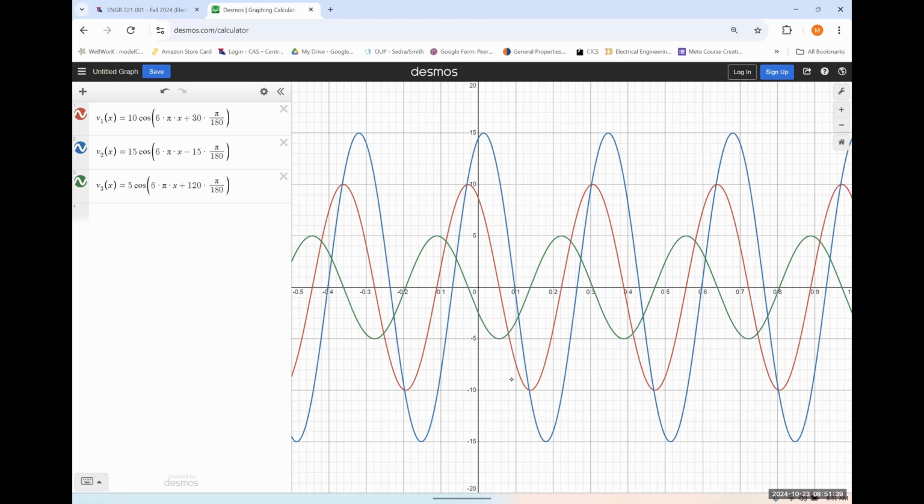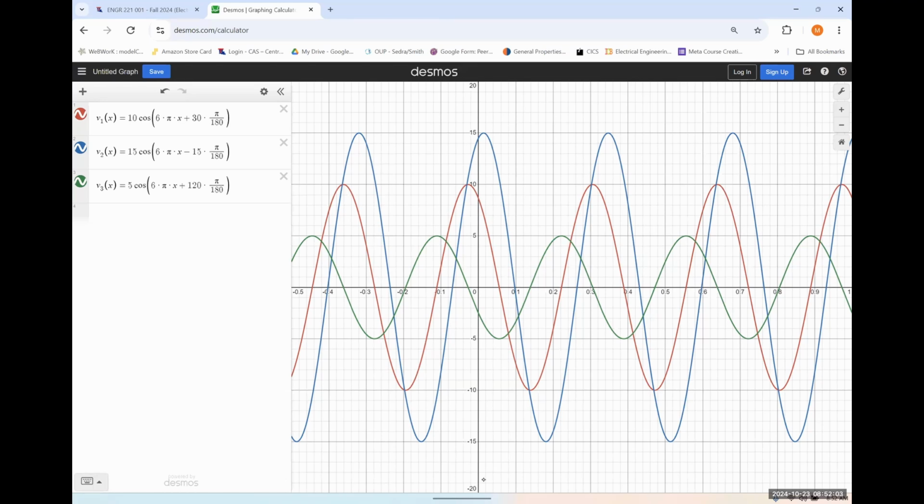But I find it difficult to quantify by how much signals are leading and lagging using a time domain representation like this. So instead, I like to use what is called a phase diagram to do all of my leading and lagging analysis.